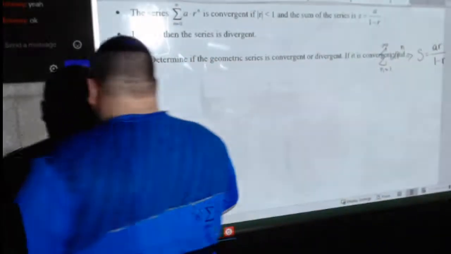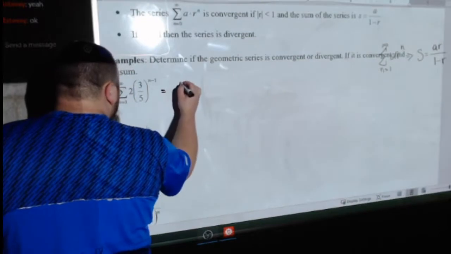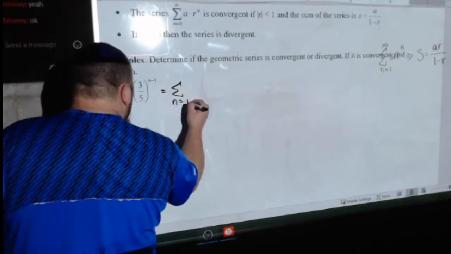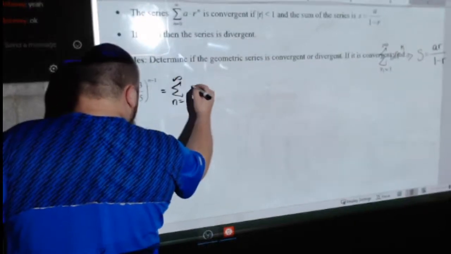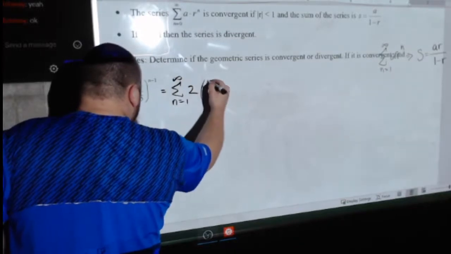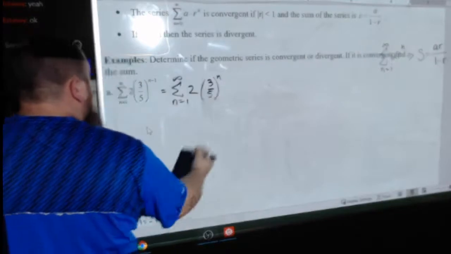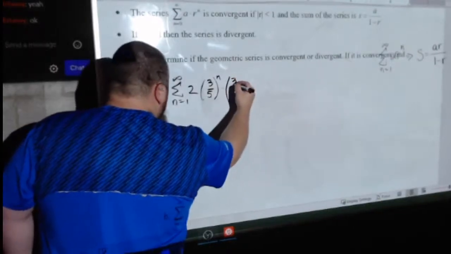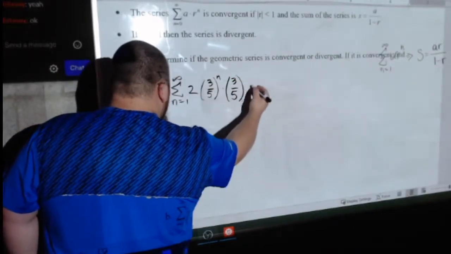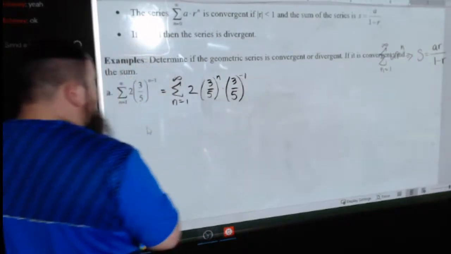So I can rewrite this as 3/5 to the n times 3/5 to the -1.